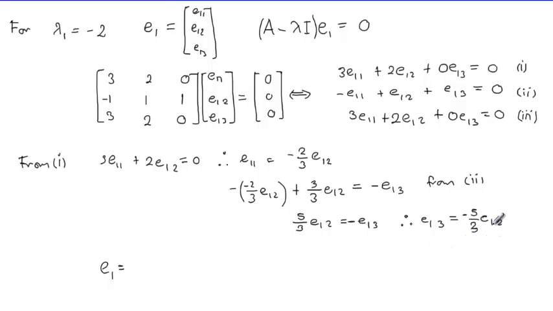Let's say I choose E12 to be 3. So I put here E12 be 3. Then if my E12 is 3, my E11 is minus 2, and my E13 is minus 5.